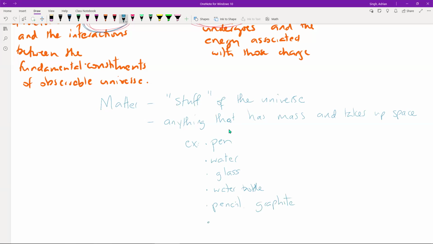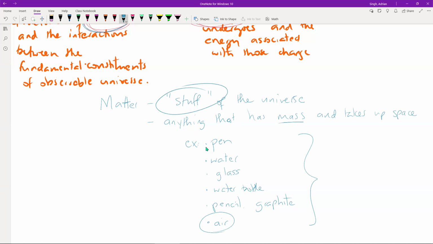And even when you take a deep breath, the air that you're breathing in, that is matter as well. That takes up space, obviously, and you can actually measure the mass of a sample of air if you wanted to. Okay, so all of these would be examples of matter. Again, the stuff of the universe, anything that has mass and takes up space.